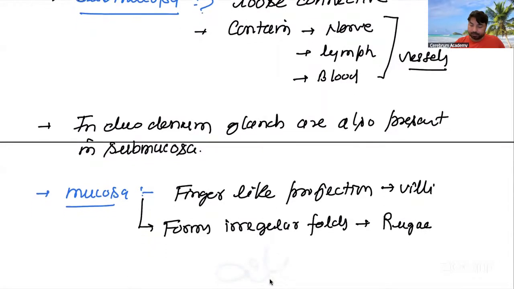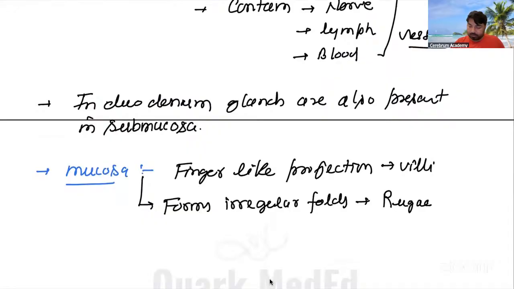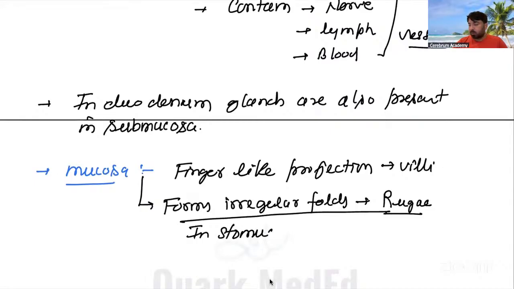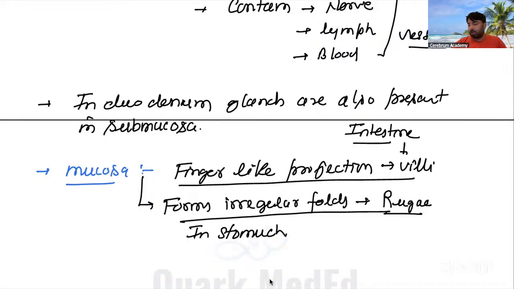Rugae are formed in the stomach, and villi are formed in the intestine.